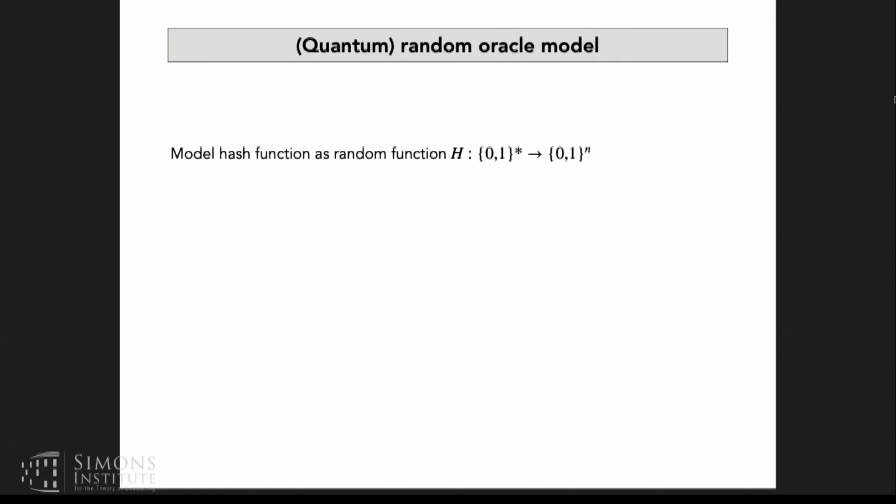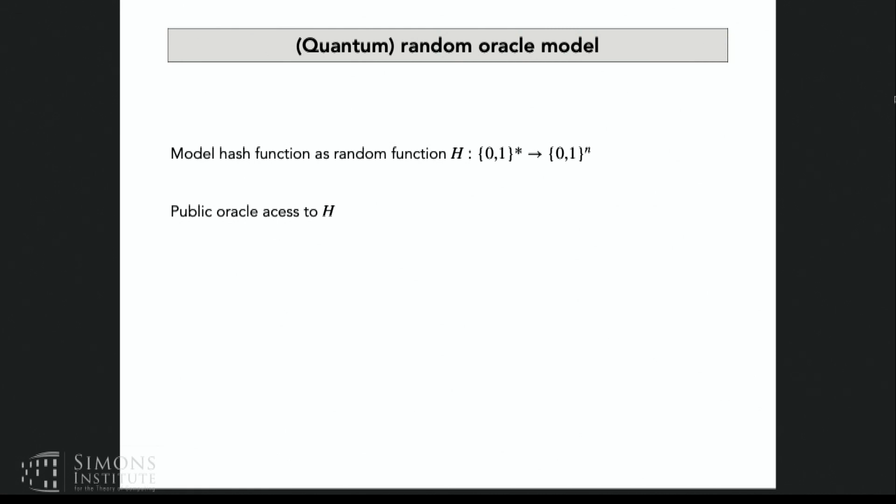So here we really pretend that the hash function is a random function, and a random function is, of course, something you cannot efficiently specify. So we just have to assume that everybody has oracle access, so input-output access, to this random function h.